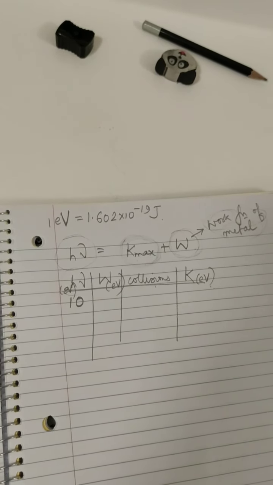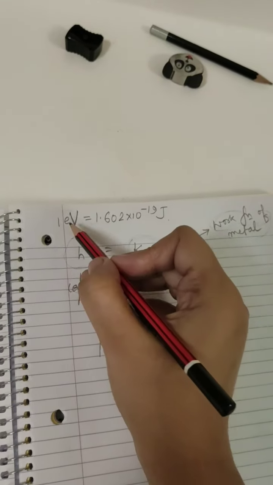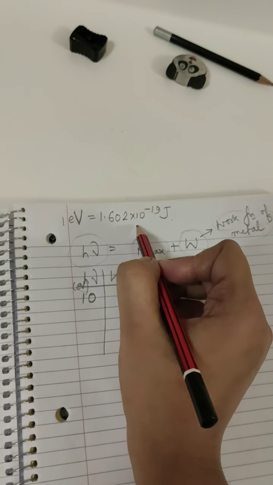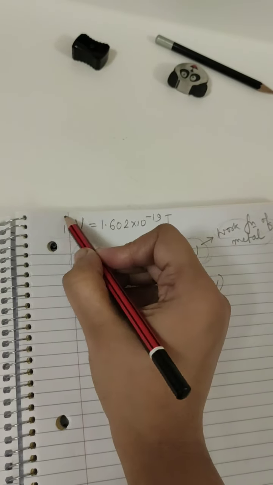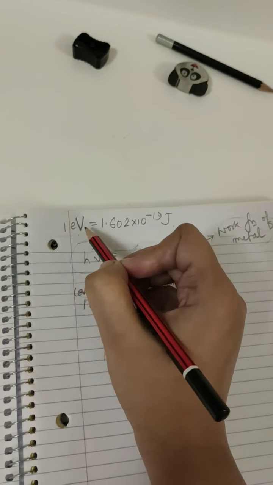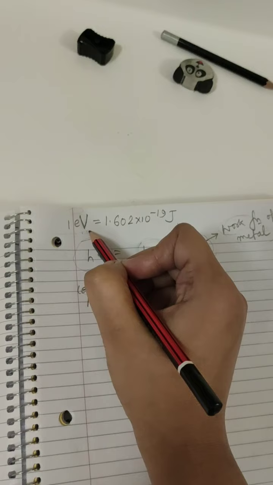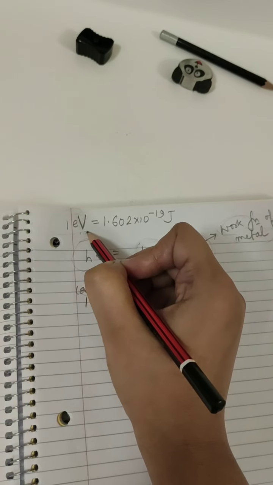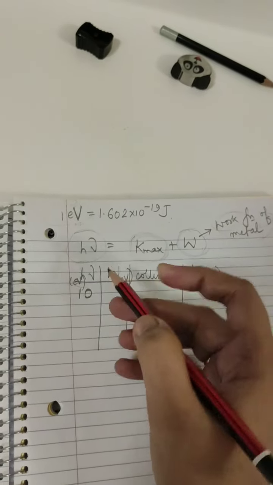You are going to find the answers in electron volt. 1 eV is the energy acquired by an electron when it is accelerated under a potential difference of 1 volt.